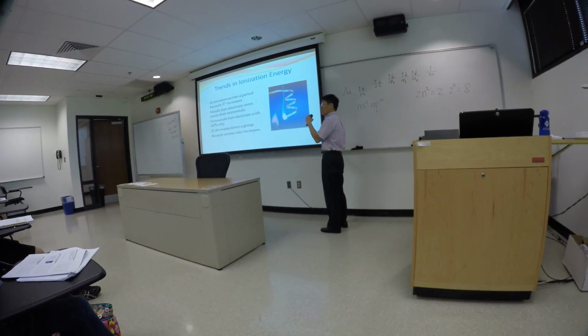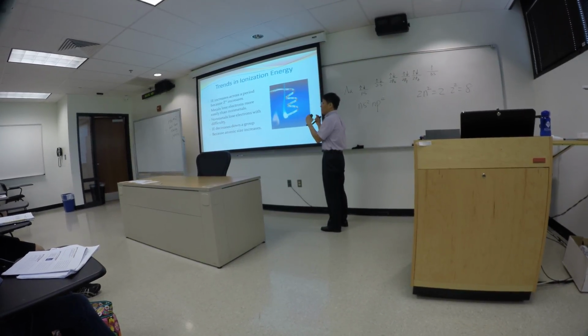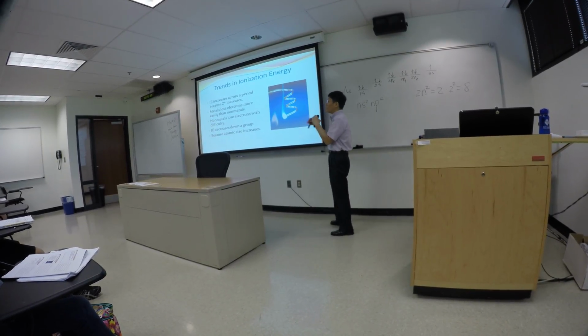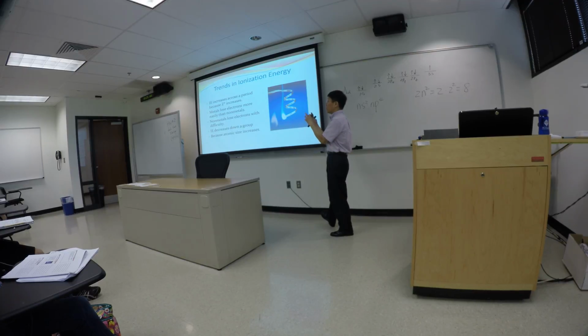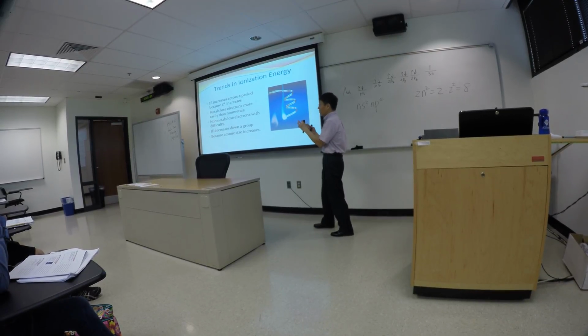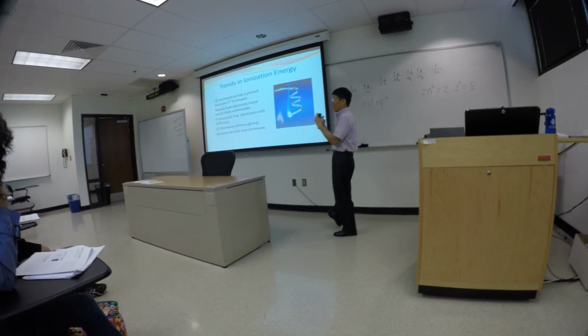But within the same period, n has the same value. You would have more and more electrons packed on the same energy level. Those electrons are more closely held, if that's a word in English, and they're held much closer than the fewer electrons.